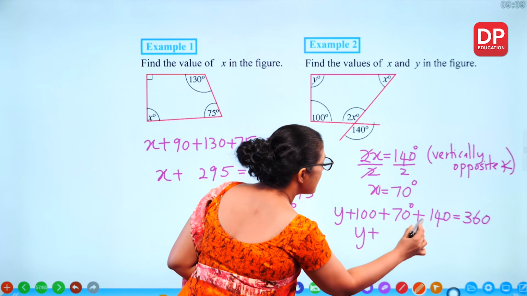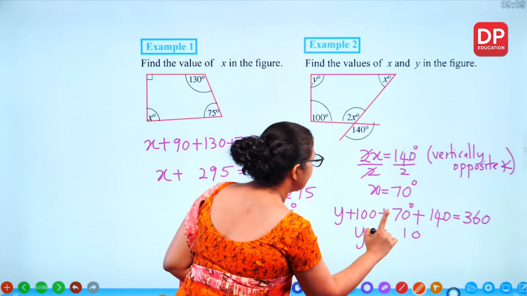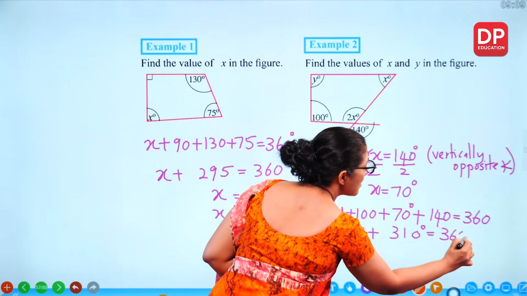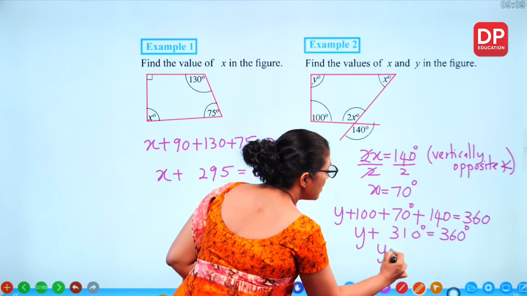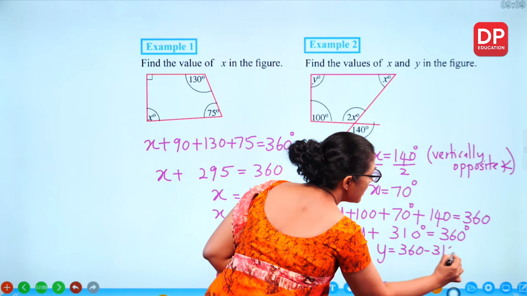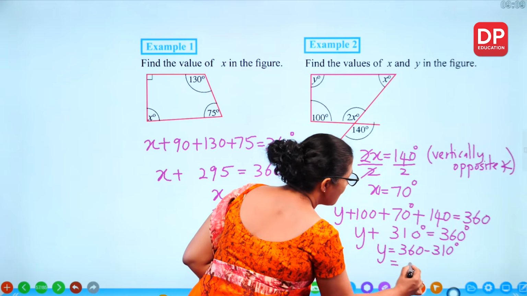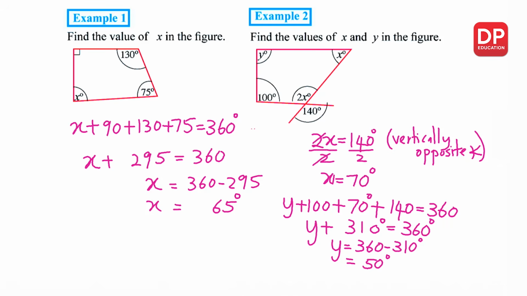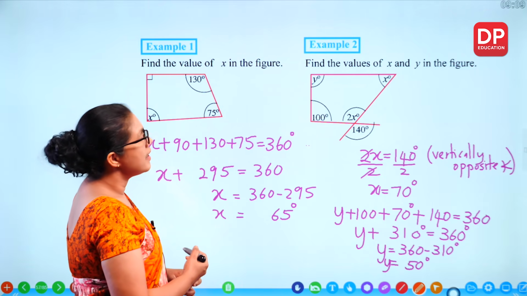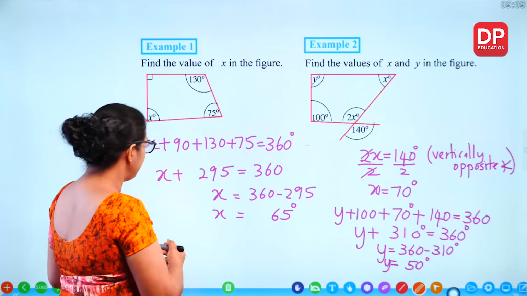You get 310. And when you subtract 310 from 360, you get 50 degrees for y value. So we found out x is 70 and y is 50 degrees.